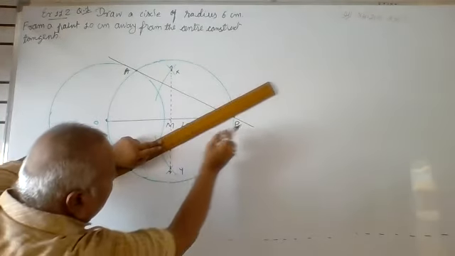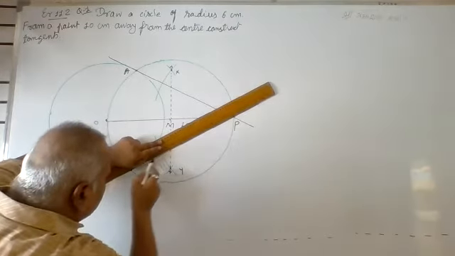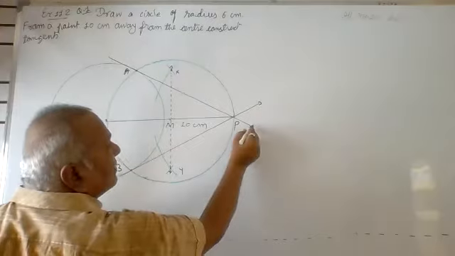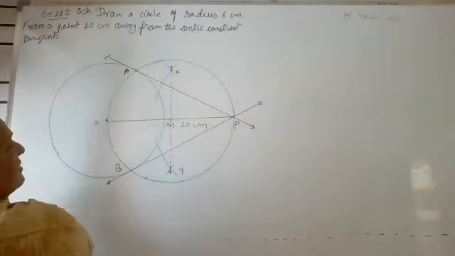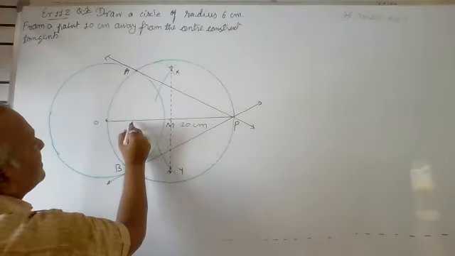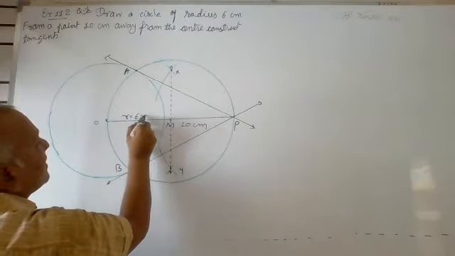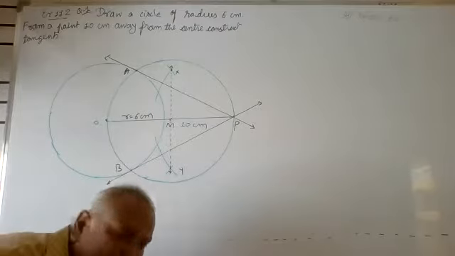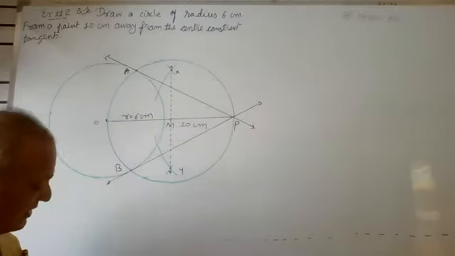Another tangent is P to B. So PA and PB are two tangents. The radius is 6 centimeter, as given, and the distance of O to P is 10 centimeters. I hope friends you understand this construction.